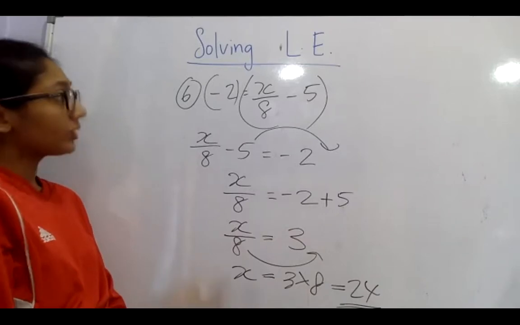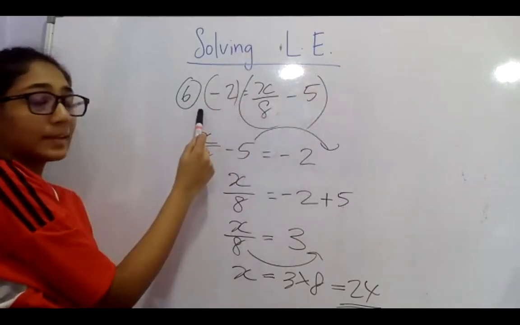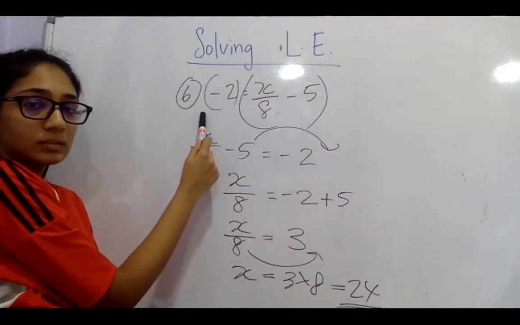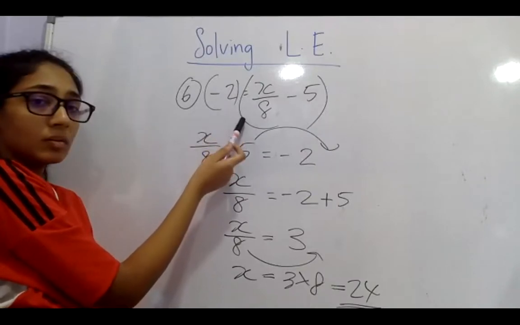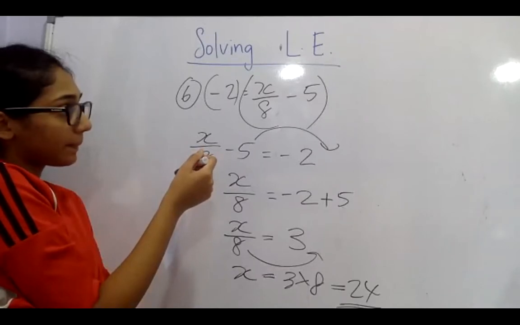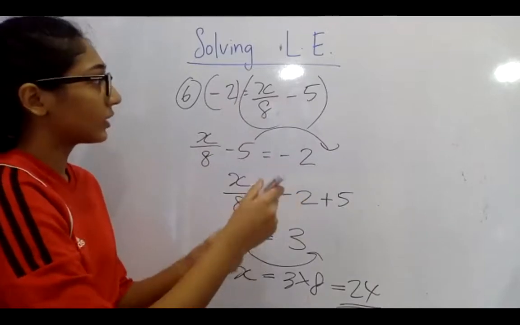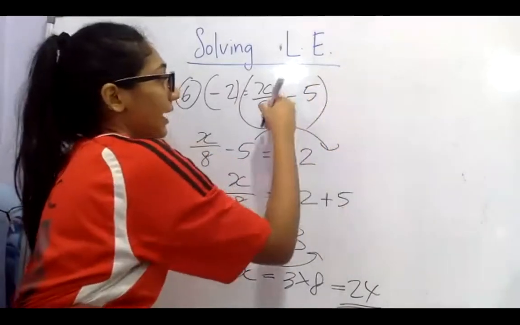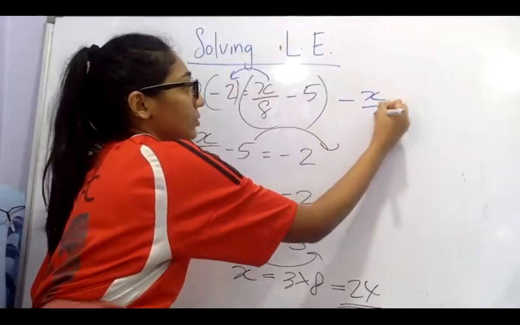Yes. So if you bring over the negative, right, what are you bringing over the side? X. When you bring over, you must quickly switch. So with the x over 8, you bring over to the side. So it will be minus x over 8.